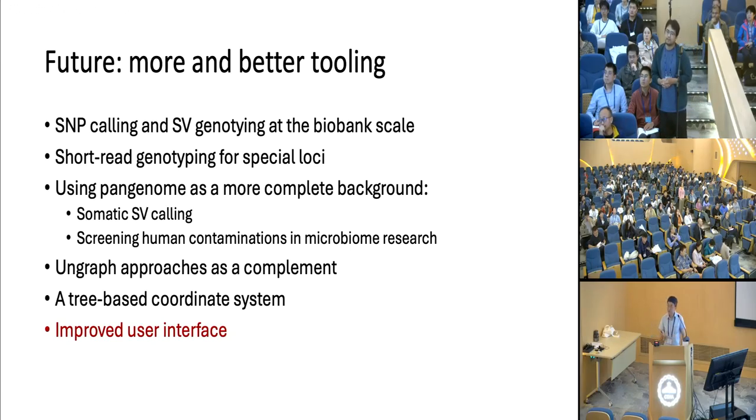Yeah, actually, I didn't have time to elaborate on this part. The pangenome is useful as a background. Think about how you use the genome in rare disease studies. Although most people use gnomAD, when you find variants and want to see whether they are germline, somatic, or de novo mutations, you typically check gnomAD to see if they are present there, and the human pangenome can work like this.